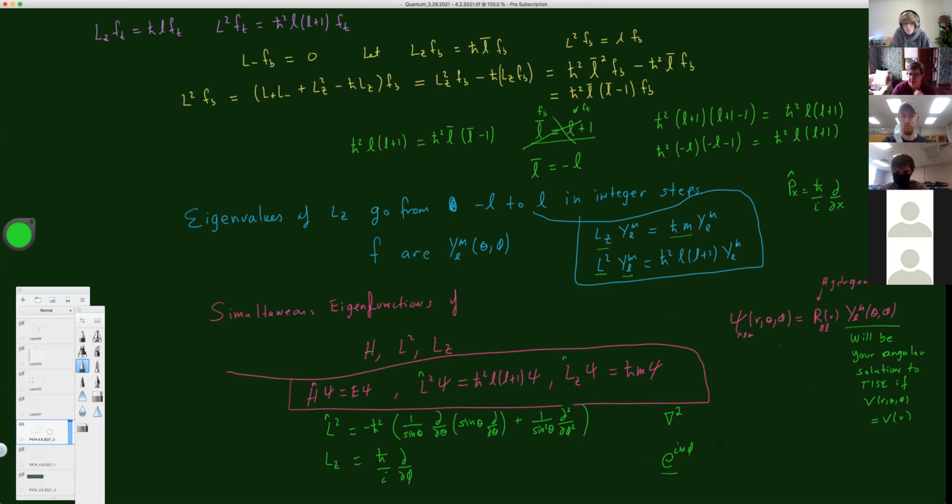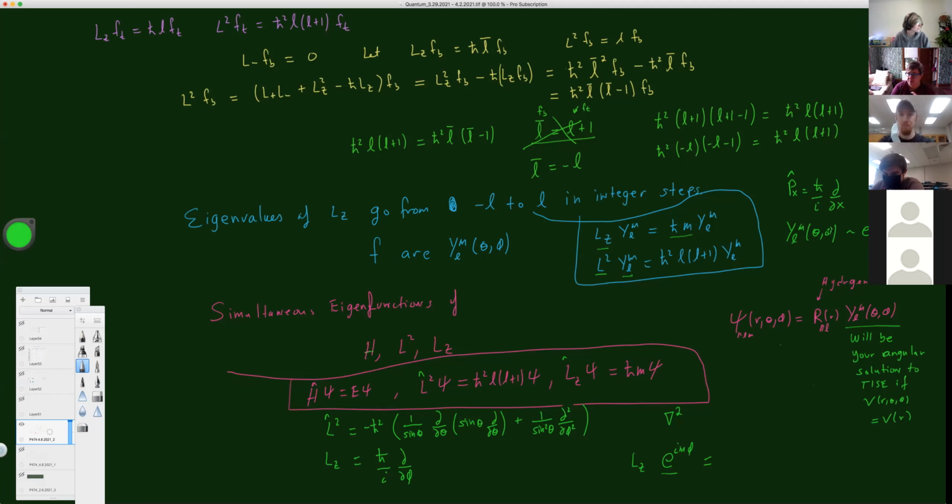So if I act LZ on the spherical harmonics Y_lm of theta, phi, the only part that has a phi in it is e to the im phi. No other phi dependence; everything else depends on theta.